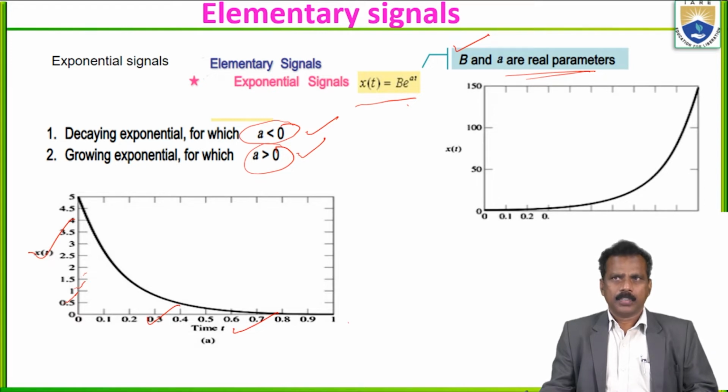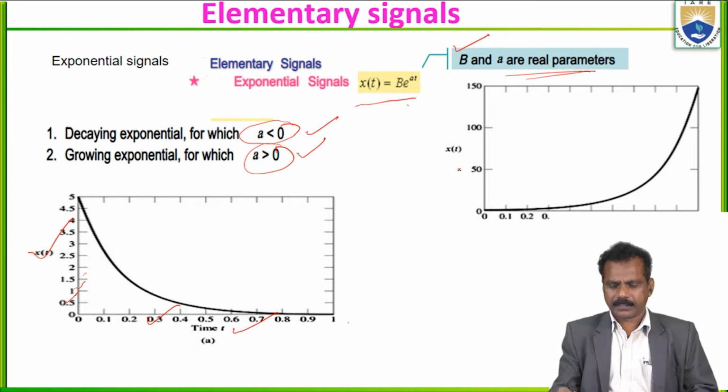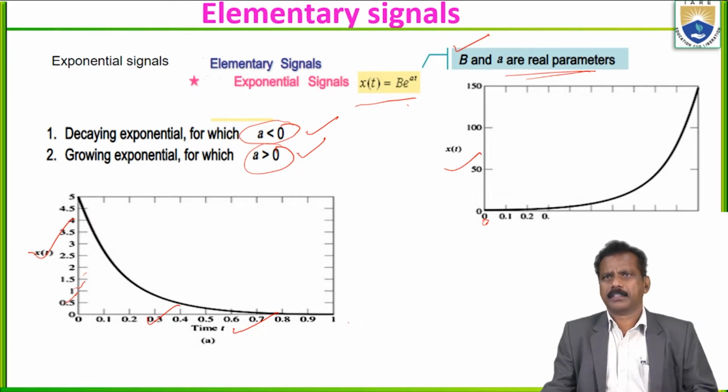So from t versus x of t, there is the decaying exponential for which a is less than 0, and the growing exponential for which a is greater than 0. Starting from the origin, from 0 to 1, we can verify this graphical representation.